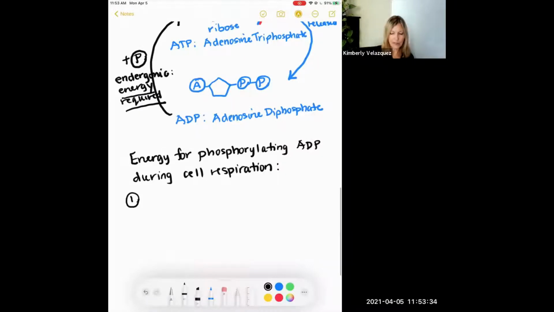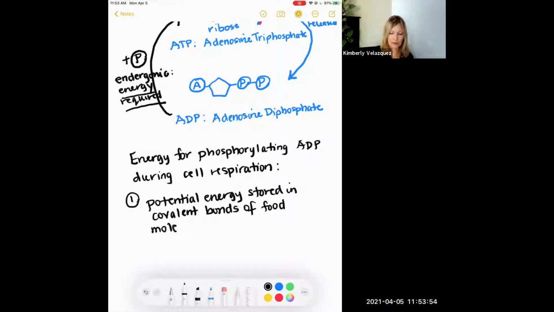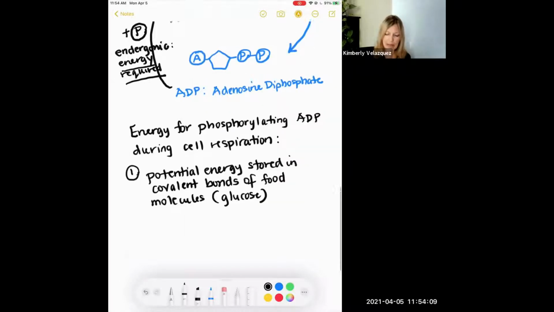One is going to be the potential energy that's stored in the covalent bonds of our food molecules. In particular, glucose. That's going to be one important source of energy that is going to be used to phosphorylate ADP back into ATP.